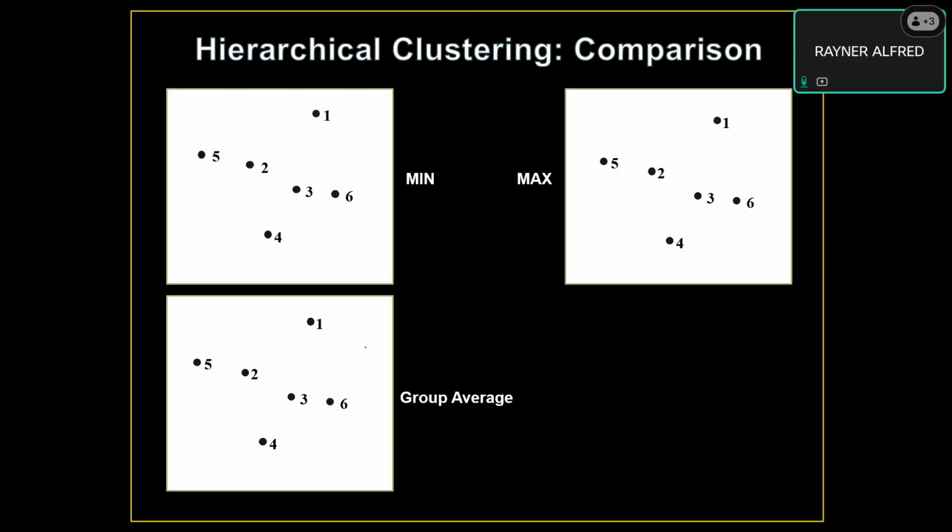So this is how we compare the output of your clustering result. Initially, they will have the same one because, of course, we take the closest one. But as it goes to the next stage, it will take different distances to measure the similarity of the clusters.